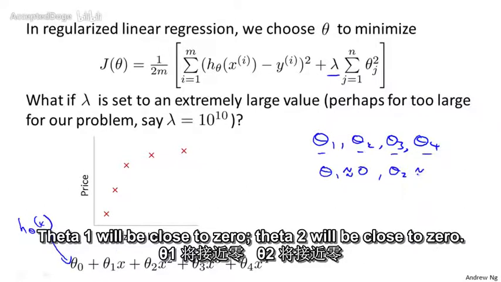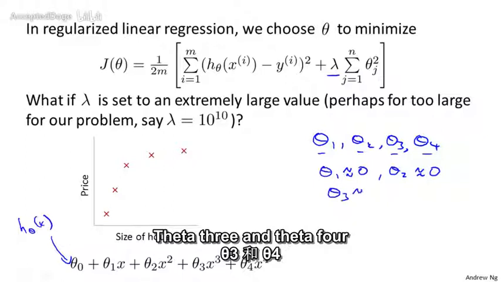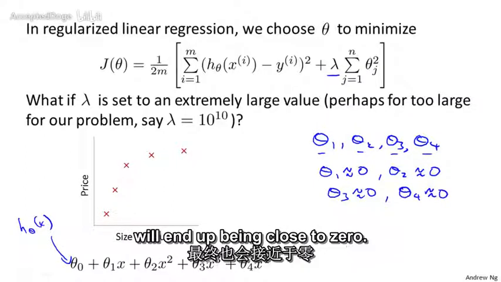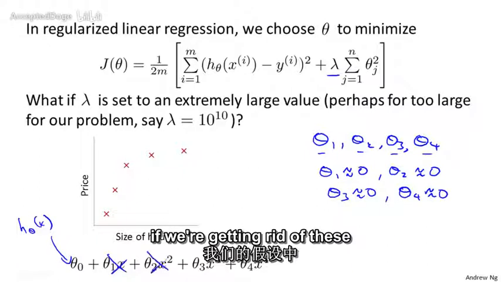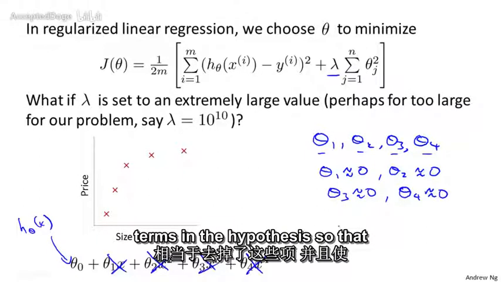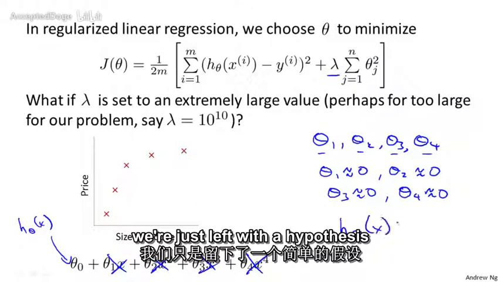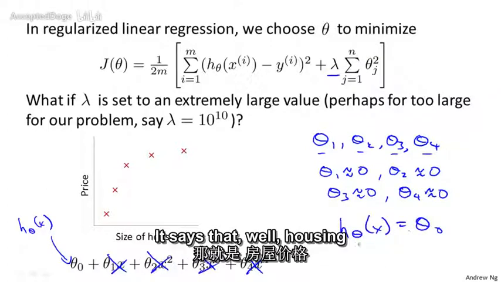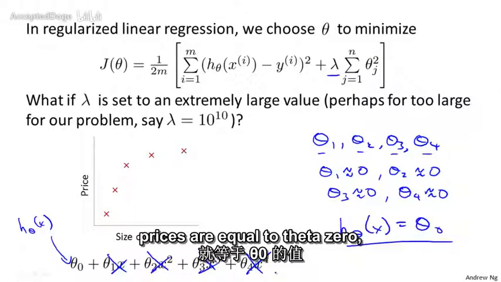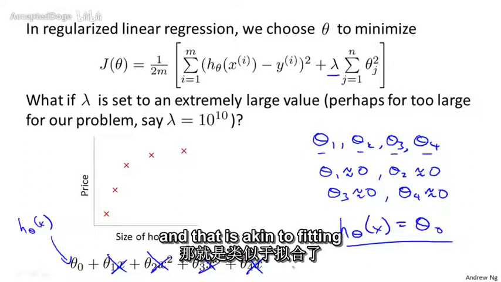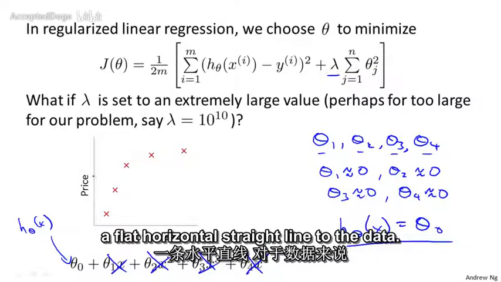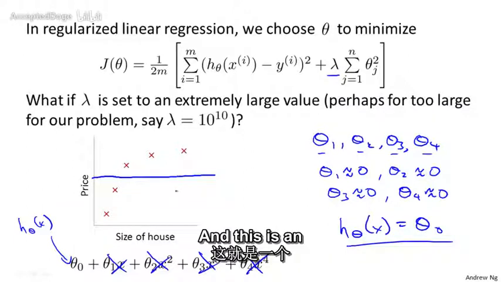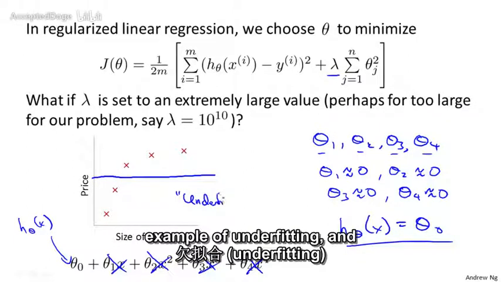It's as if we're getting rid of these terms in our hypothesis, so that we're just left with a hypothesis that says housing prices are equal to theta 0, and that is akin to fitting a flat horizontal straight line to the data. And this is an example of underfitting.